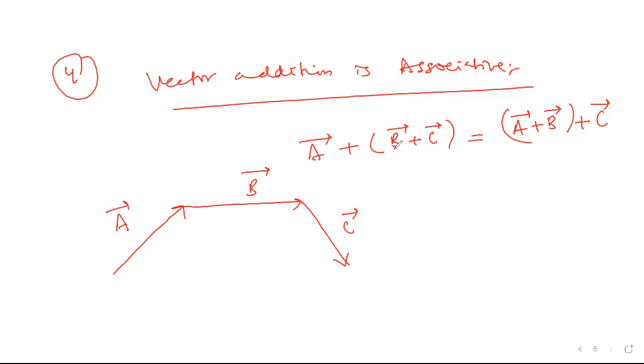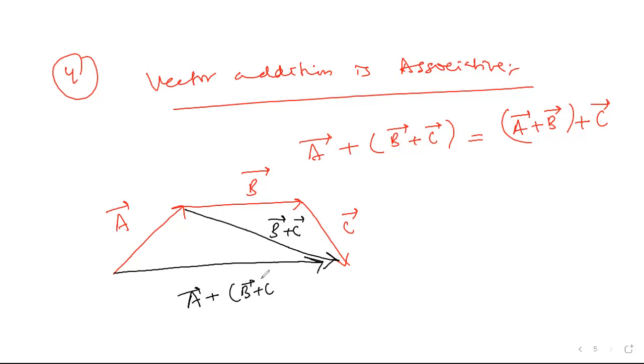So I have to add B with C. So I will use triangle law from the tail of B to the tip of C. This is B plus C. Now the tail of B plus C is at the tip of A. So from triangle law of vector addition, this vector is A plus B plus C vector. I hope you got it. I first found B plus C vector from triangle law. Then I am adding B plus C with A. So from triangle law, this vector is A plus B plus C. That's my left hand side vector.